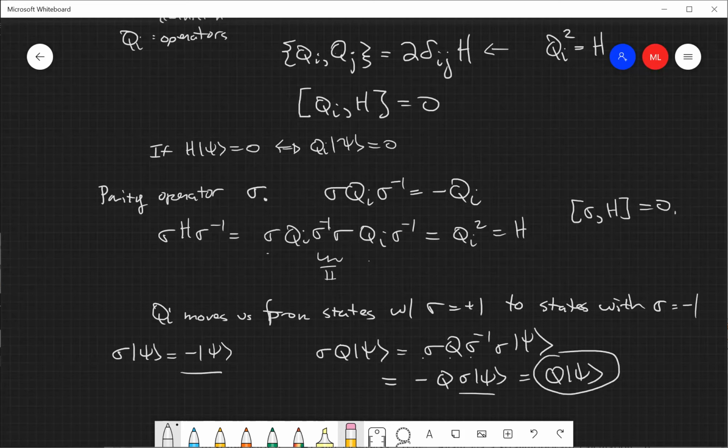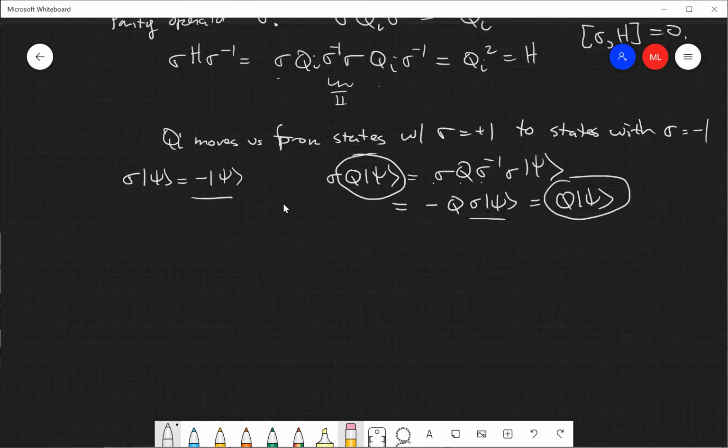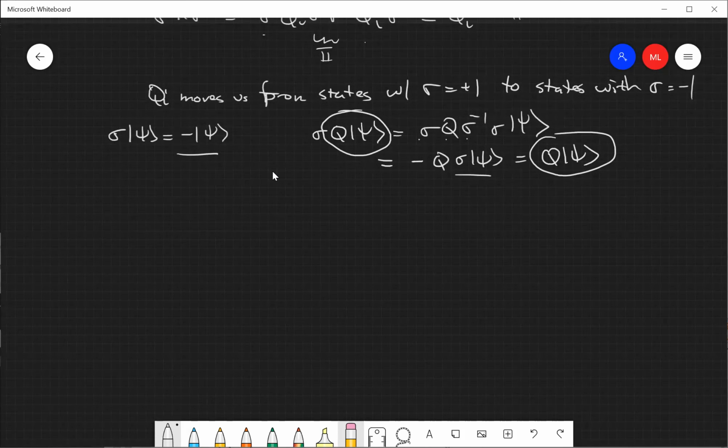So Q psi as a vector has opposite parity to psi. So it flips us back and forth. It's a convenient operator which tells you the parity of your state.